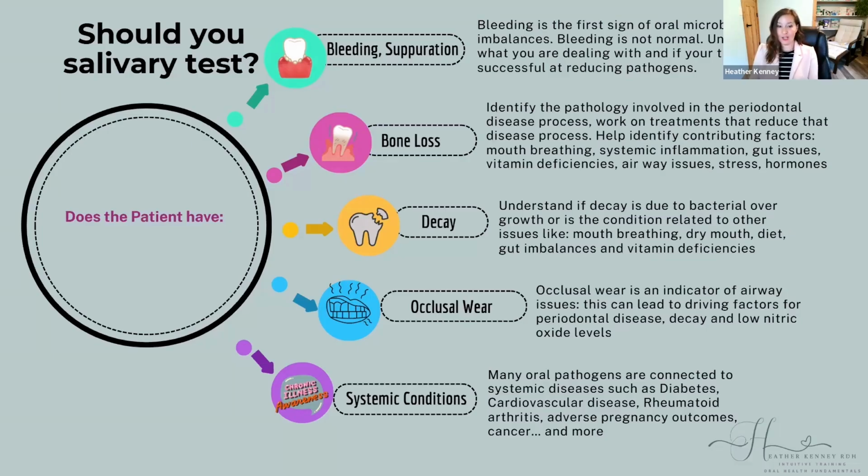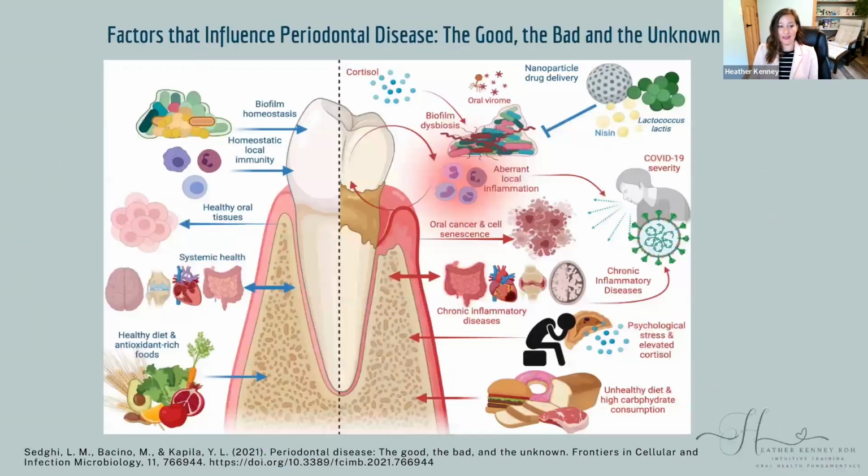So let's talk about the good, the bad, and the ugly. With disease pathways, there are a number of different things that can influence bone loss in our patients. Cortisol is one. When we talk about sleep with that occlusal wear, and patients aren't getting a good amount of sleep or are under a lot of stress, we might have high cortisol. That could impact the biofilm dysbiosis in a number of different fashions and influence inflammation.